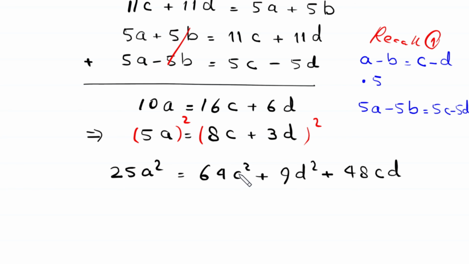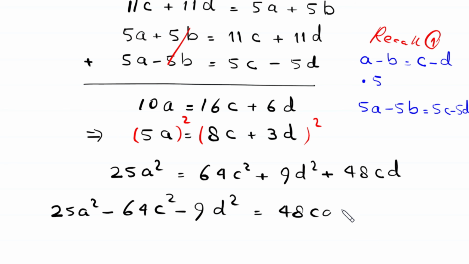Move these two terms to the left hand side. This becomes 25a squared minus 64 times c squared minus 9 times d squared equals 48 times cd.